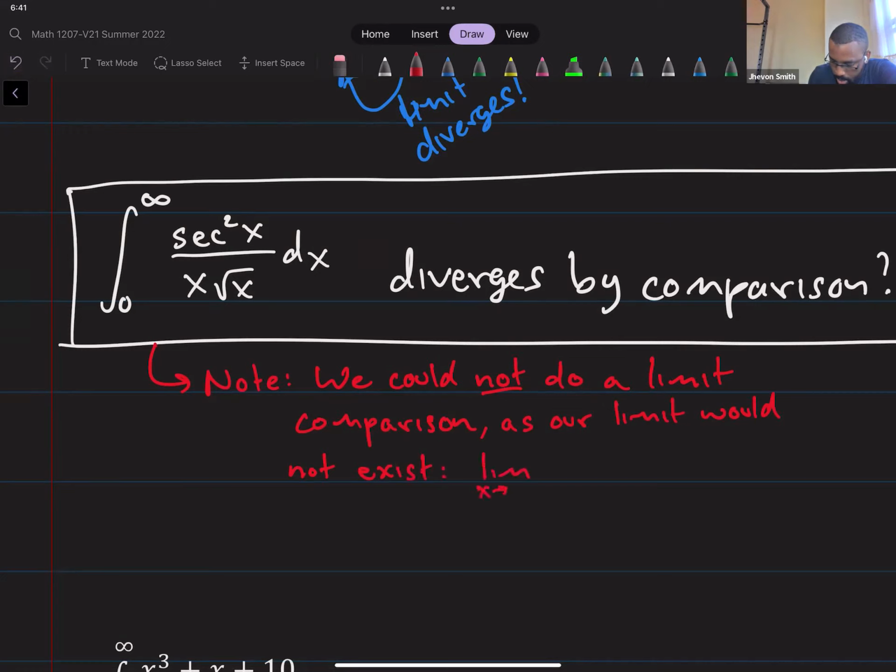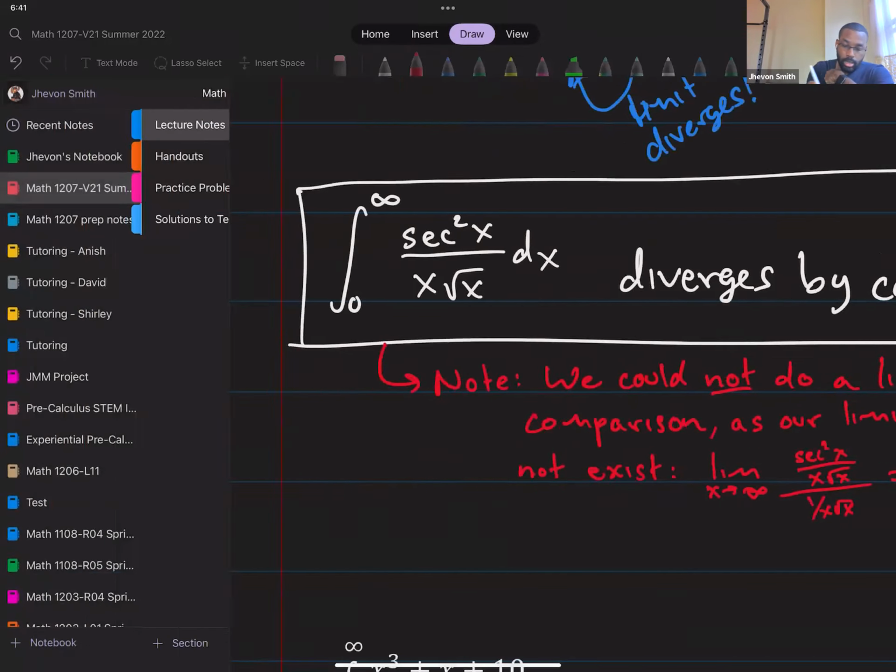So if I looked at the limit as x approaches infinity of, say, secant squared x over x rad x over 1 over x rad x, that actually does not exist. So for the limit comparison test to apply, the limit has to exist and it has to be positive.